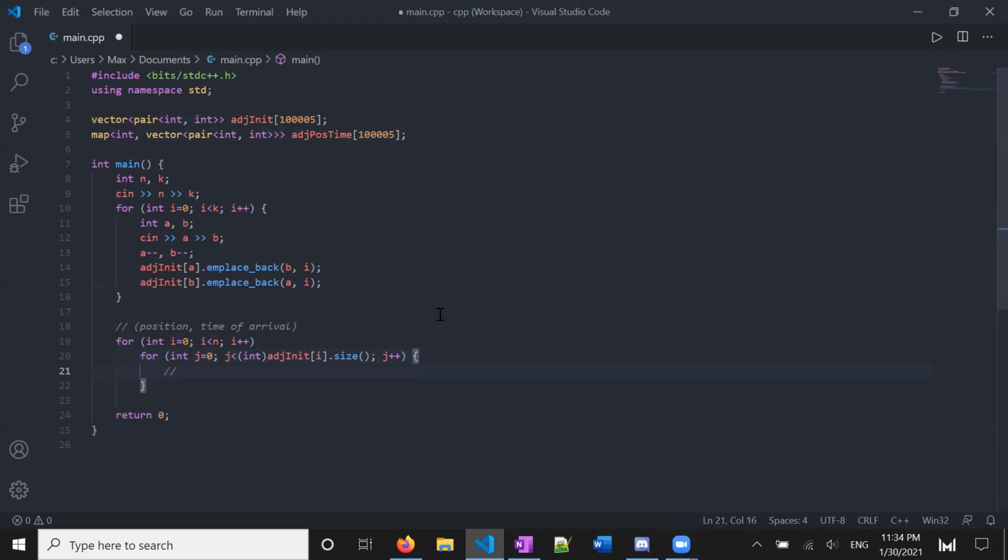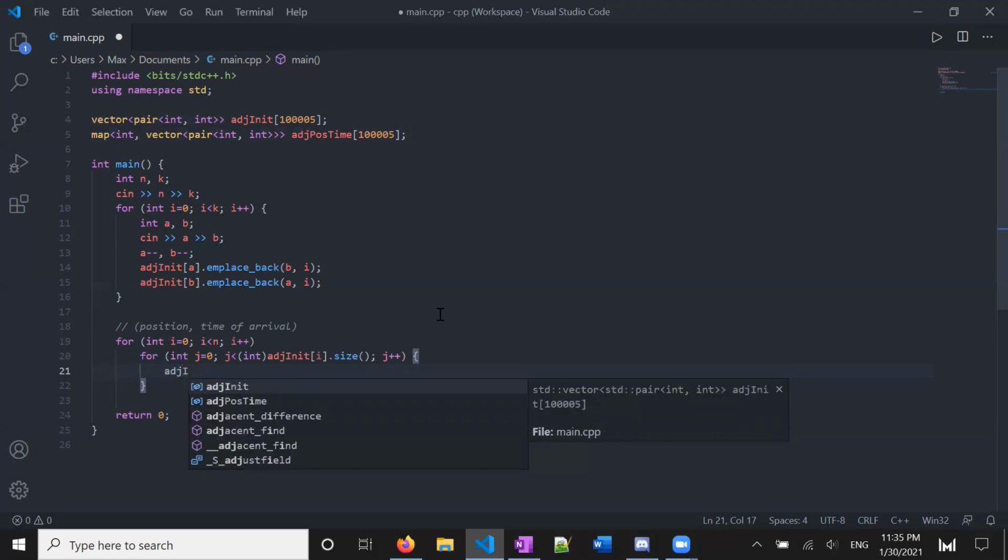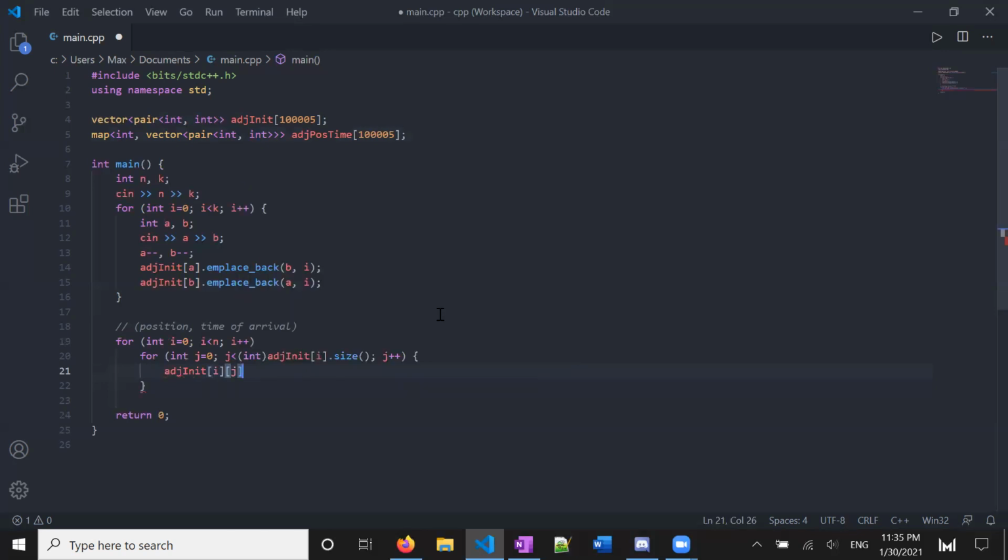So basically, when we arrive at this given time, we're going to exit through the next time. So let's do this. We have adjacency init of i j, which is going to be the current pair we consider.